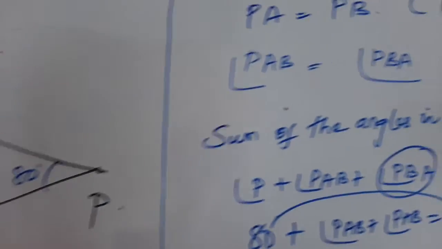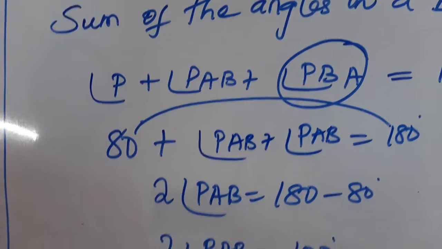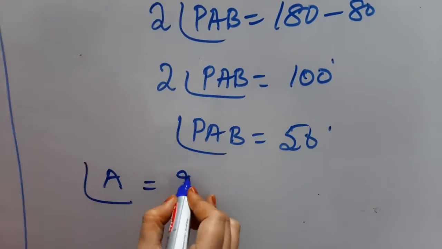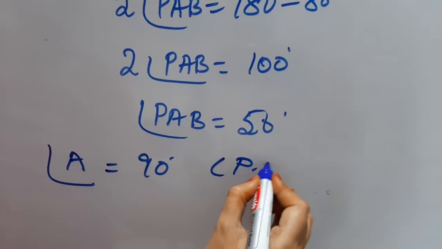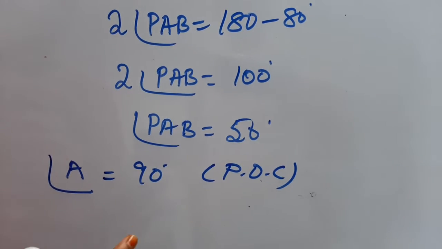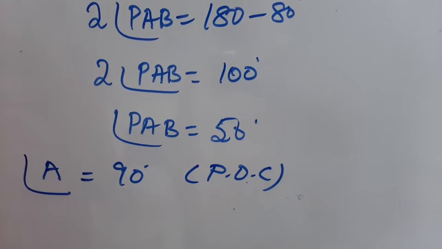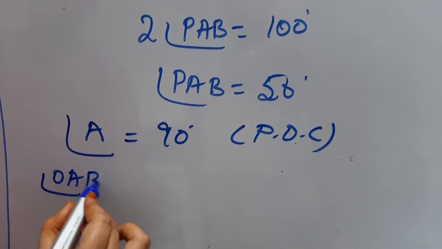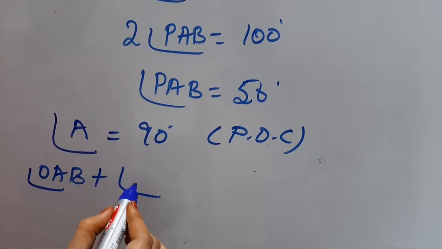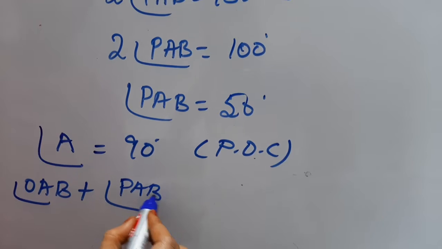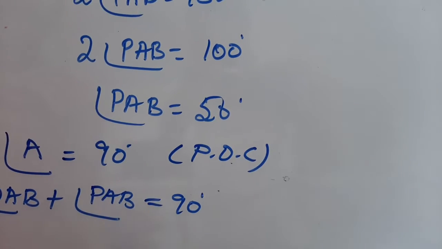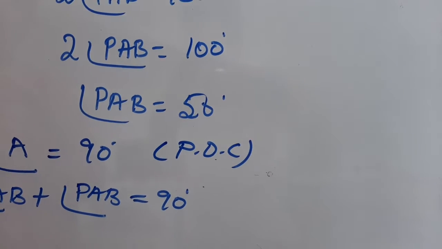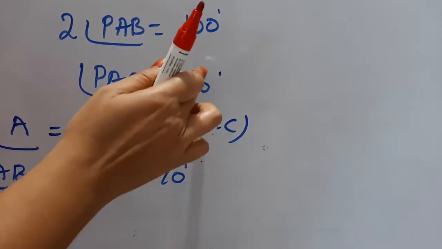What we found now, the complete angle A is equal to 90, which is the point of contact, the meeting point of the tangent and the radius. This angle A we divided as angle OAB plus angle PAB, which is equal to 90. Now we found angle PAB is equal to 50, right?